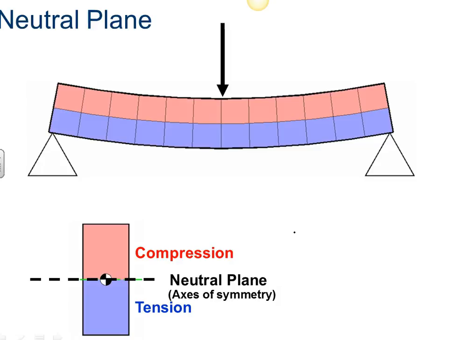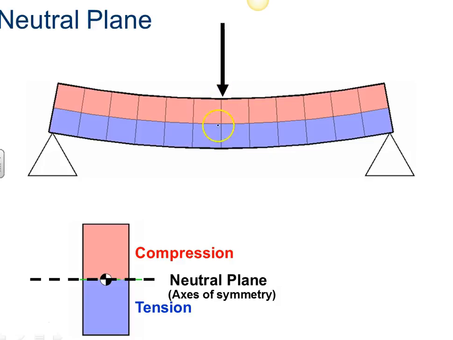Above the neutral plane, we've got compression, and the parts of this beam are being pushed together. But on the outer edge, as we apply a force here, this is stretching. So as this bows out on this side, it's stretching, but as everything is coming, they're actually coming closer together and compressing at the top.